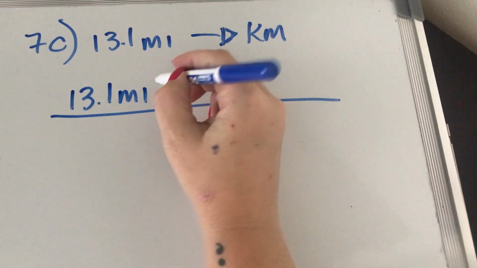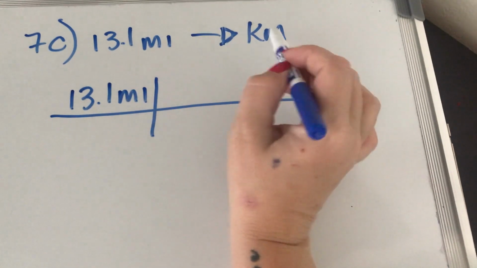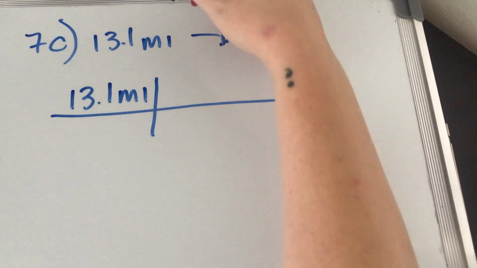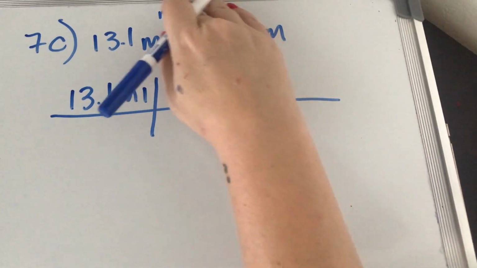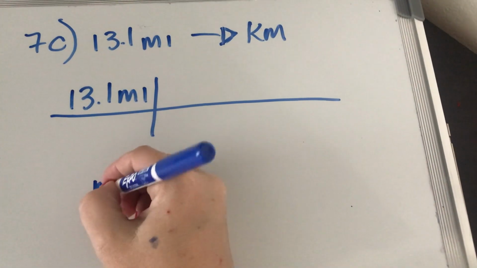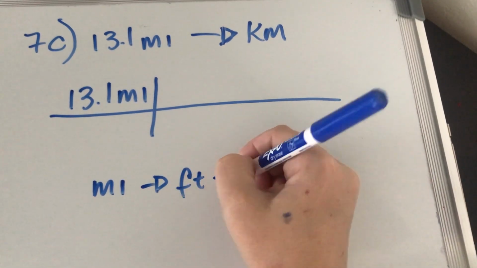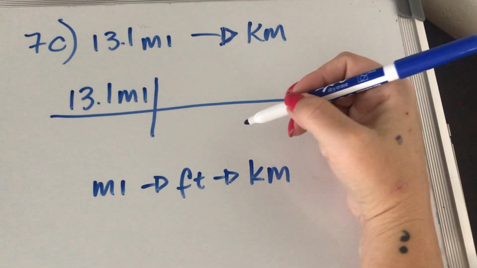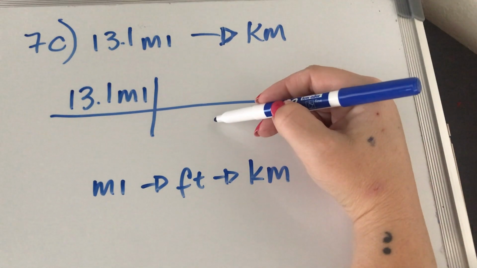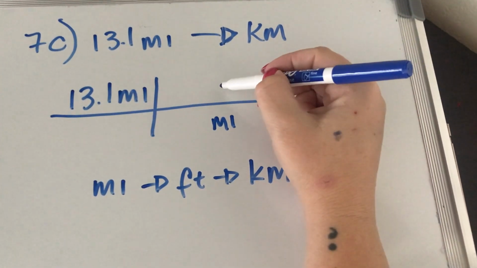Railroad track-wise, if we were going from miles to kilometers, we would need to go miles to feet to kilometers. So what unit would go on bottom? Miles. What unit would go on top?